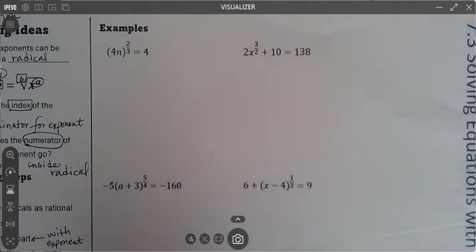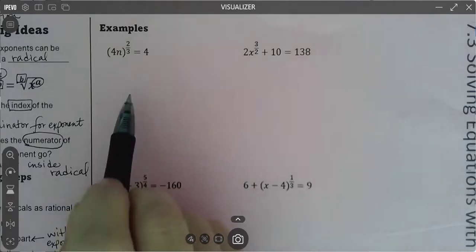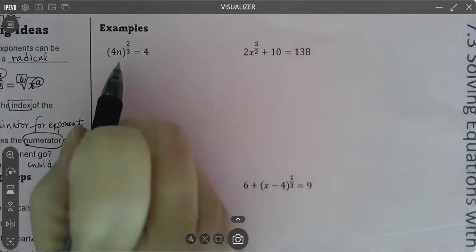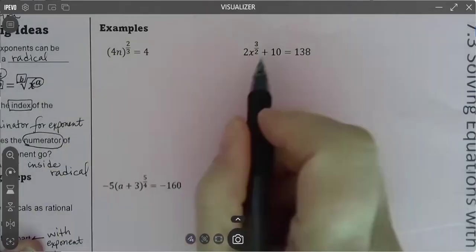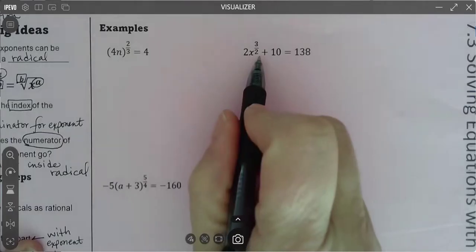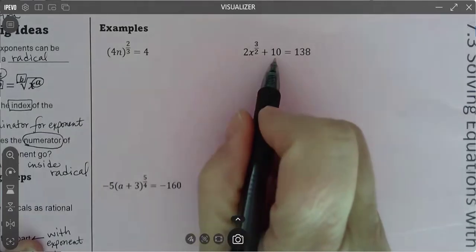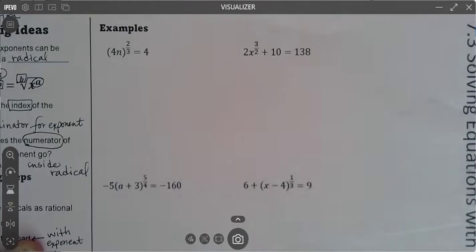I want to focus on these top 2 here, which are 4n in parentheses to the 2/3 equals 4, and also 2 times x to the 3/2 plus 10 equals 138. There's a fundamental difference between these problems.